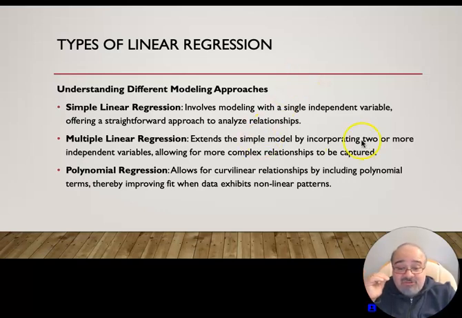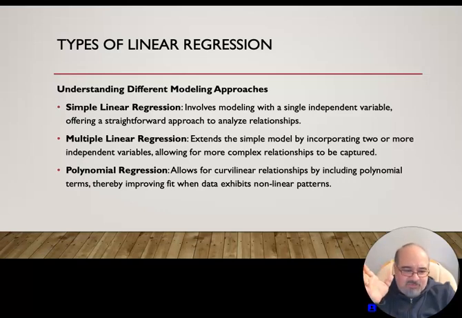Multiple linear regression, on the other hand, broadens its scope to several predictors, and it accommodates more intricate sort of data interactions as well. And then you can also have polynomial regression, which is an alternative for scenarios where they might be displaying some kind of non-linear relationships by also integrating polynomial terms. And this enhances the model's adaptability and its predictive capability.